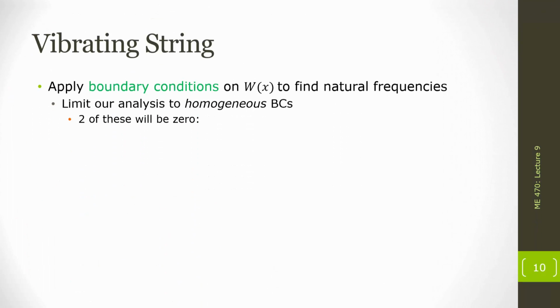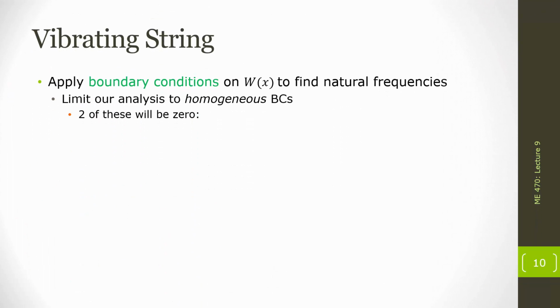Because w is a function of a spatial variable, not a time variable, boundary conditions are going to be how we solve for these constant terms. And we are only going to be looking at homogeneous boundary conditions in this course. So the different possibilities for strings are that we're going to know something about w of 0, w of L, w prime of 0, or w prime of L.